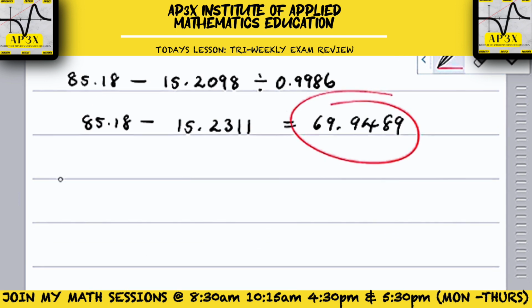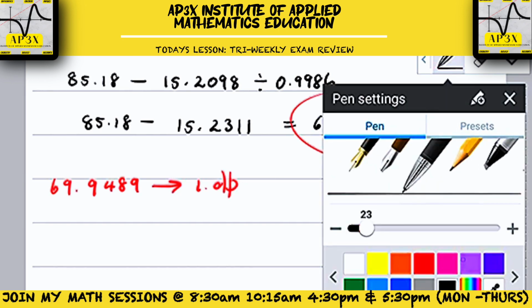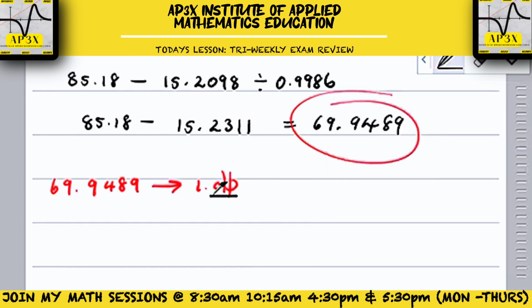Then we have this answer here of 69.9489, and the very first thing we were asked is to round it off to 1 dp. So again, for 1 decimal place, just as a quick little reminder here, guys, decimal places is very self-explanatory. We are focusing only on the digits that come after the decimal point.